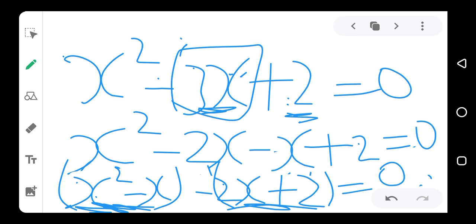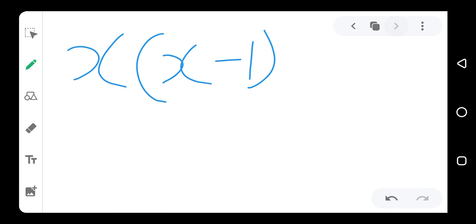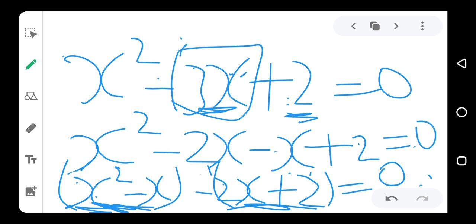Then the second part of it, that is minus 2x plus 2. What is common between 2x and 2? 2 is common because 2 is in 2x and it's also in 2. So we bring the 2 outside the brackets.